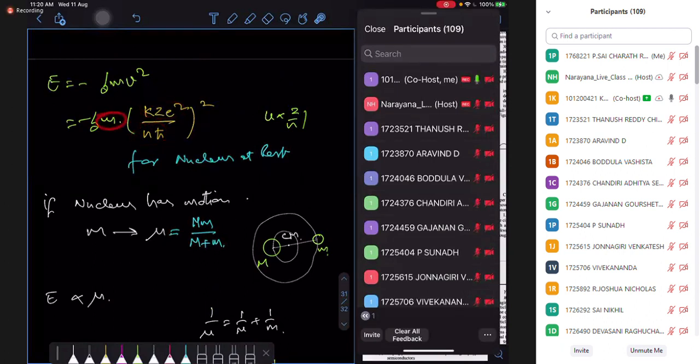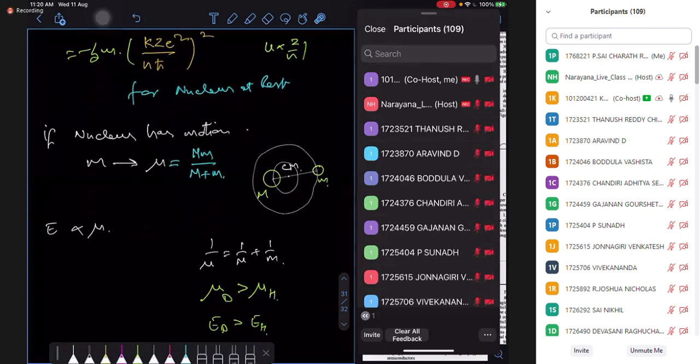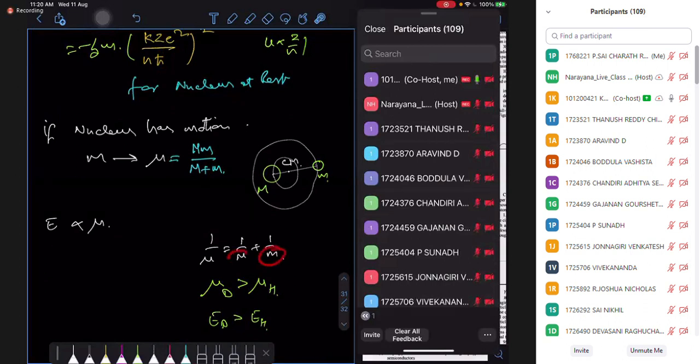Only electron mass is the same. But these formulas are for the approximation if the nucleus is at rest. If the nucleus has motion, the electron mass is not important. What is important is the reduced mass, and the reduced mass depends upon both the electron and the nucleus masses. So my energy does not actually depend upon the electron mass. Energy depends upon the reduced mass.